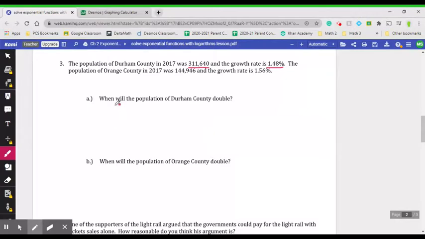So we have 311,640, and we are doing 1 plus this as a decimal, 0.0148. So 1 plus that, to the power of x.